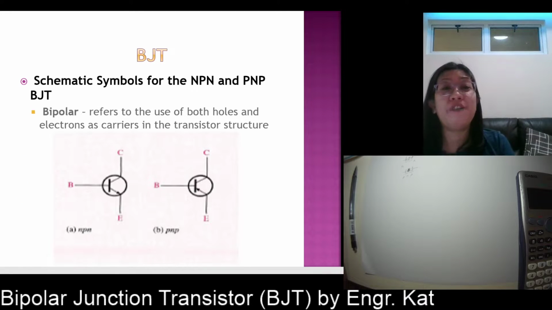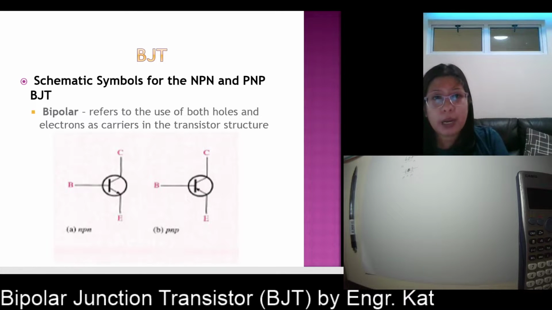So we have here the schematic symbol for NPN and PNP. Bipolar refers to the use of both holes and electrons. We have discussed previously that diodes have two carriers, the holes and the electrons. So for the bipolar junction transistor, the term bipolar means two.